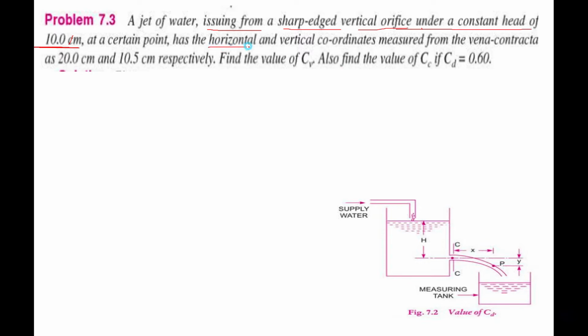So the coordinates in the x direction as well as the y direction are measured from the vena contracta as 20 centimeter and 10.5 centimeter respectively. Find the value of CV, and also find the value of CC if the CD value is 0.6. So this is the statement of the problem given.